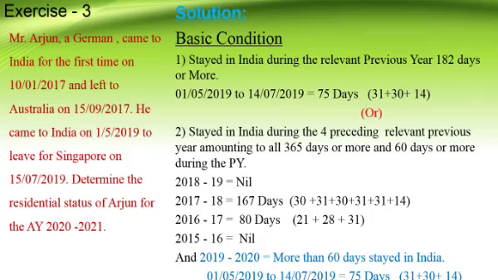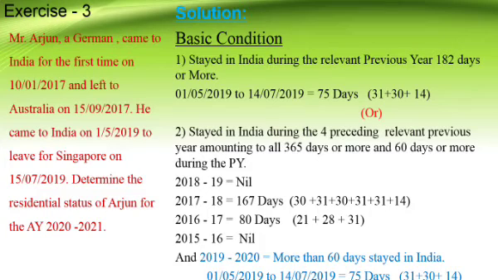Then for the previous year 2017-18, which started from 1st April 2017 to 31st March 2018, during that period he has stayed 167 days. He stayed in India from 10th January 2017 to 15th September 2017.